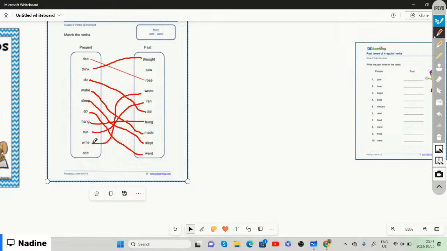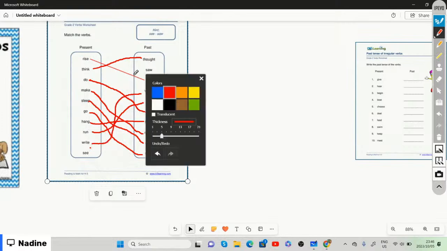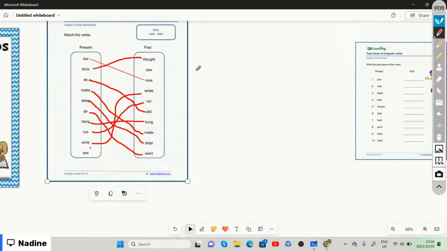And wrote is the past tense. So write and wrote. So see, something that I'm doing now. So see, in the past, it's saw.